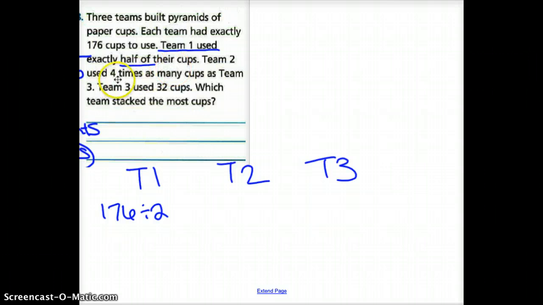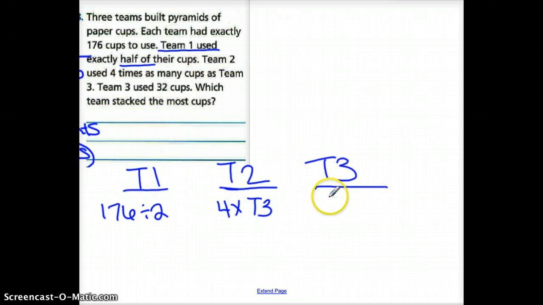Team 2 used 4 times as many as Team 3. So Team 2 equals 4 times Team 3, and Team 3 used 32 cups. So that means to figure out Team 2, I can take this number and multiply times 4.